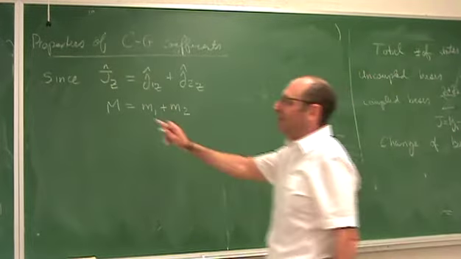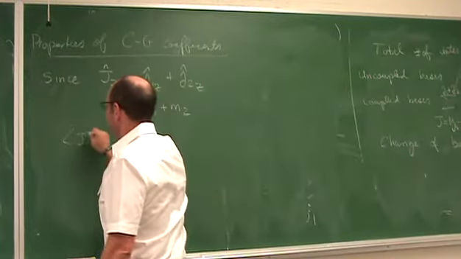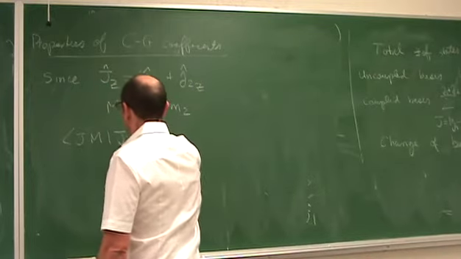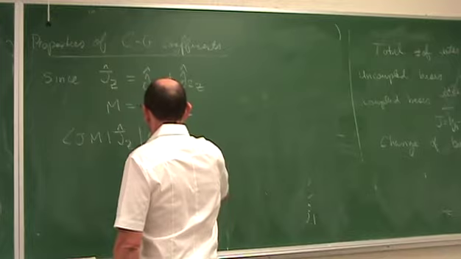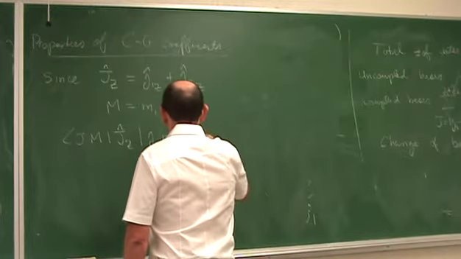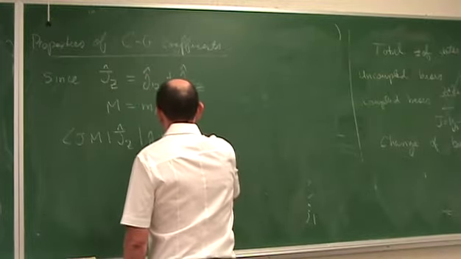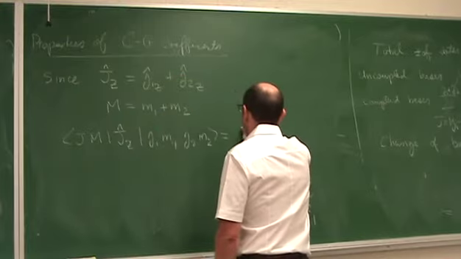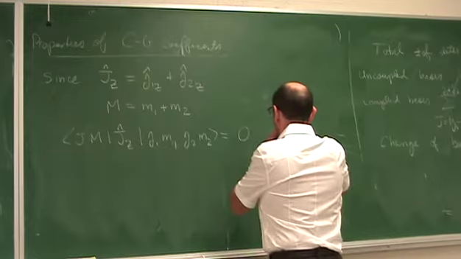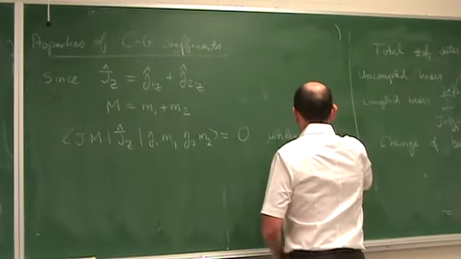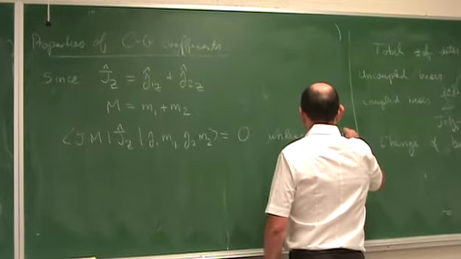That is, if I put the matrix element of JZ between the two basis elements, this is 0 unless M equals M1 plus M2.